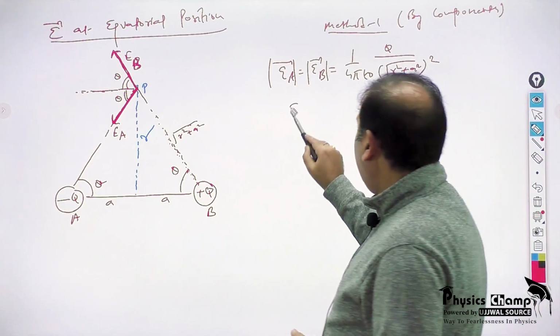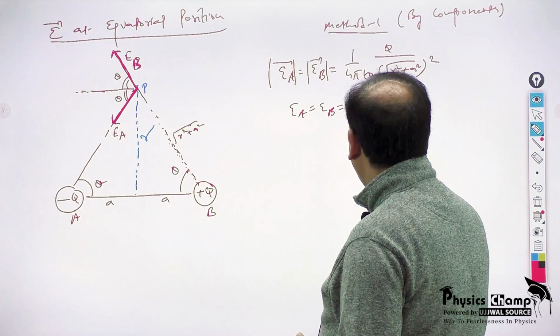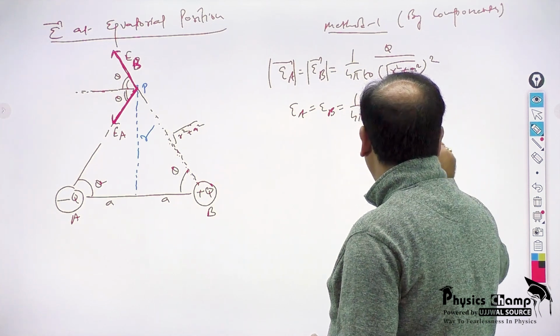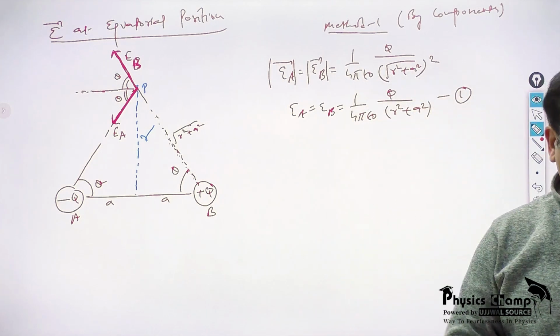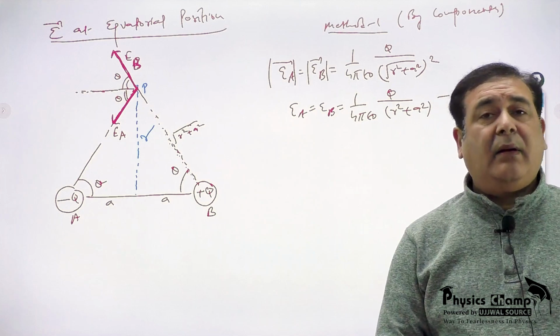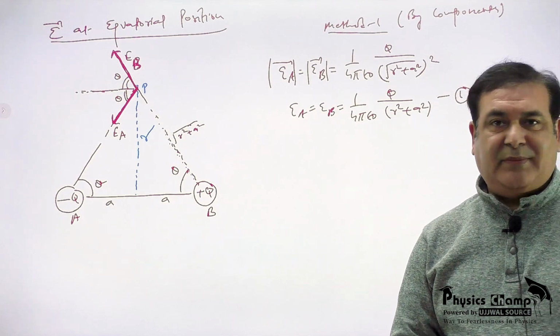So EA as well as EB will have a value 1 by 4 pi epsilon naught q by r square plus a square. Now I can divide EA and EB into two components.